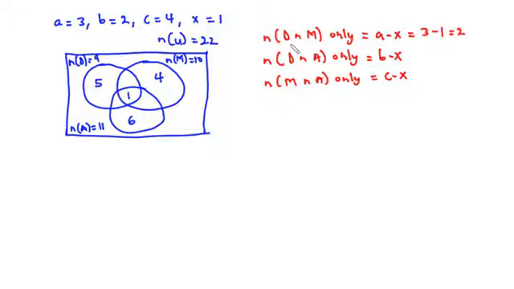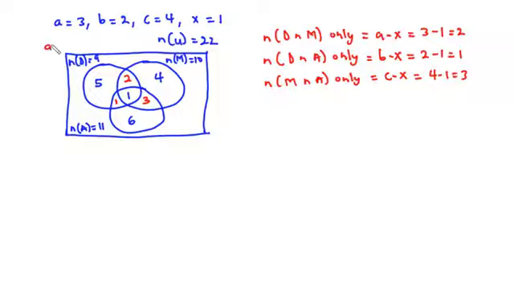So the number of players who play defense and midfield only will be 2. The number of players who play defense and attack only is B minus X. B is 2, X is 1, so we have 1. So defense and attack only is 1. And then midfield and attack only is C minus X. C is 4, X is 1, we have 3. So midfield and attack only is 3.